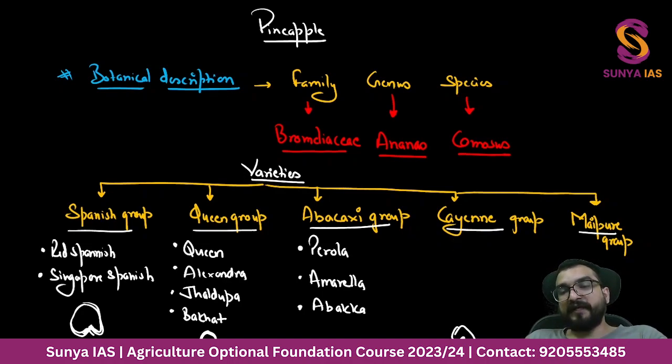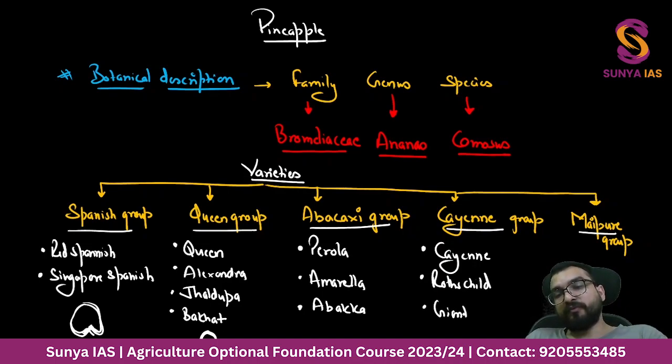There will be no deep eyes and all, right? Flat you will find. So what are the varieties? By the name itself, Cayenne. Cayenne is the capital of French Guiana, guys. Rothschild, Giant Kew, Mauritius, guys.